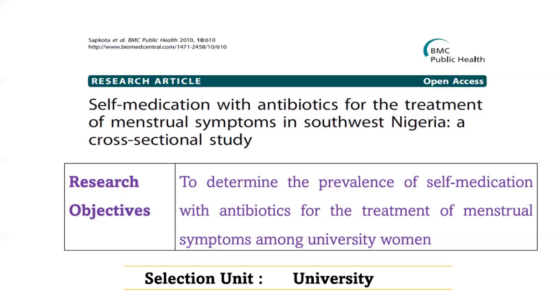Self-medication with antibiotics for treatment of menstrual symptoms in Southwest Nigeria, a cross-section study. So the objective is to determine the prevalence of self-medication with antibiotics for the treatment of menstrual symptoms among university women. And here the selection unit was university, so you have to apply the concept of design effect.